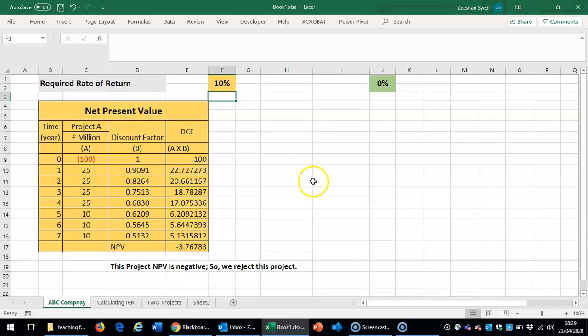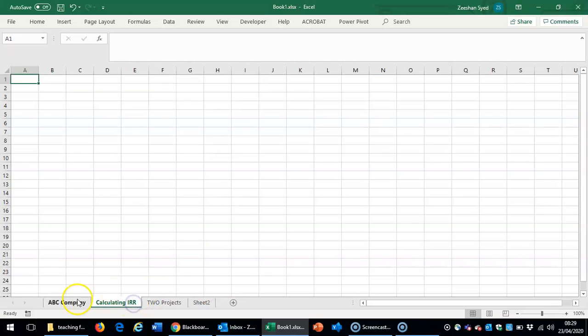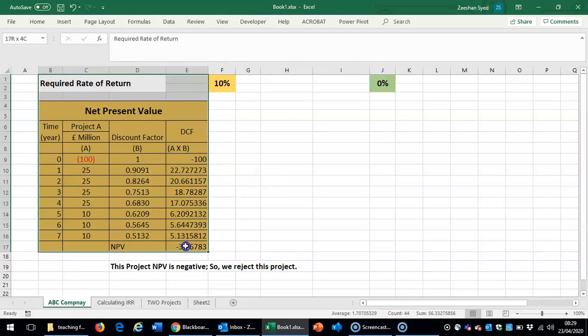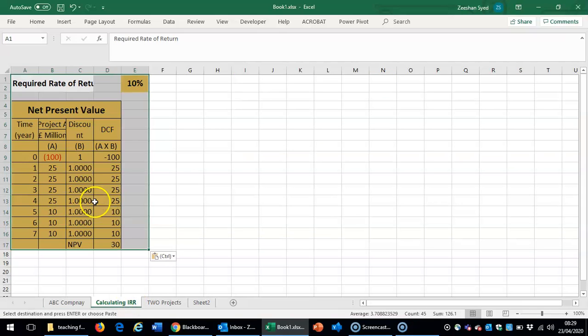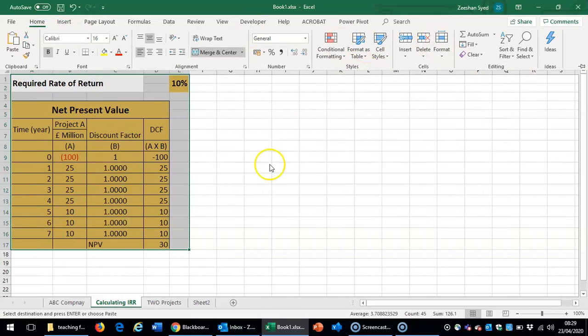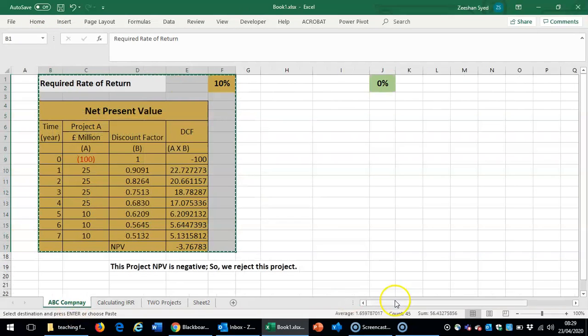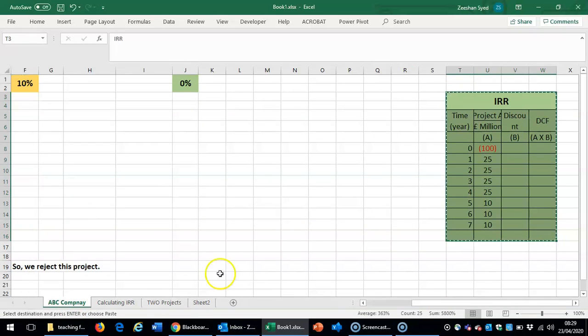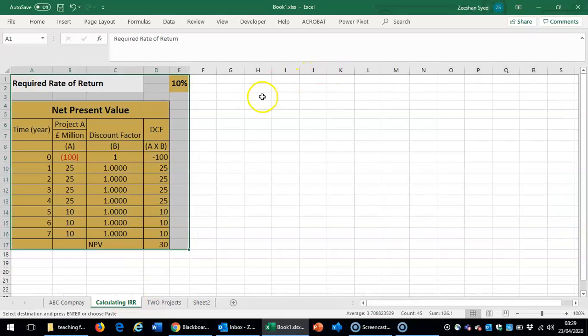Okay, now next thing, because we have a negative here, let's say how to calculate IRR. Now let's change this. We take this example to the next one, and all we do is copy another table from here, and we go here.